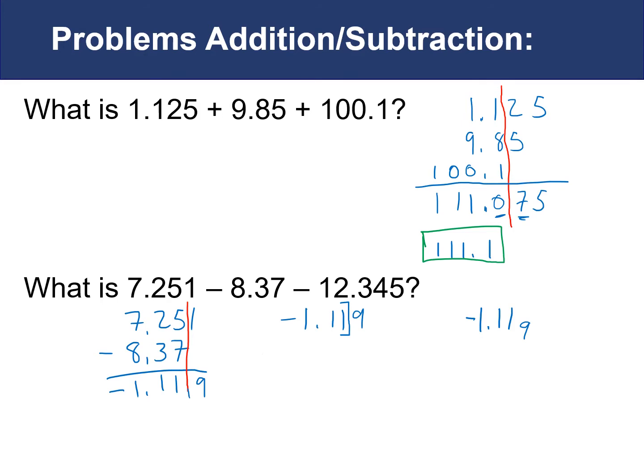So we're going to subtract from this 12.345. That would give us negative 13.464.